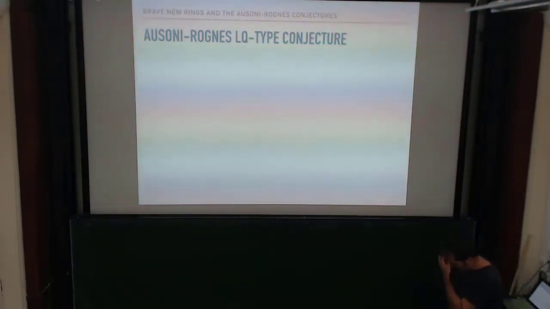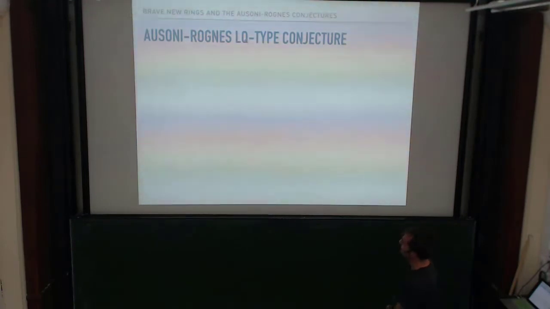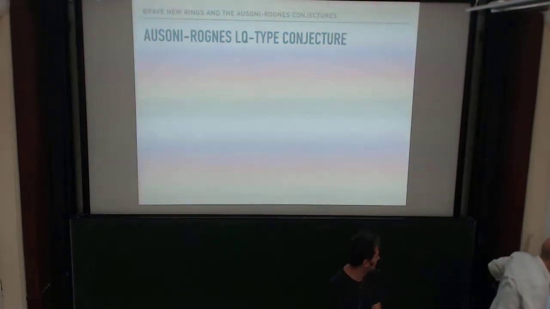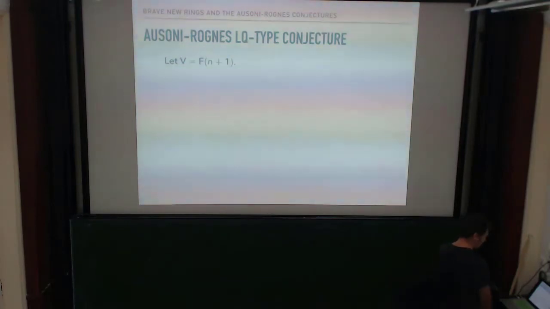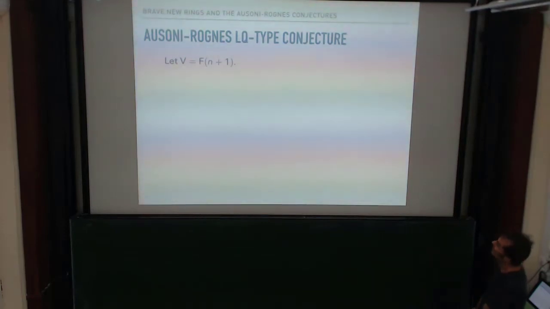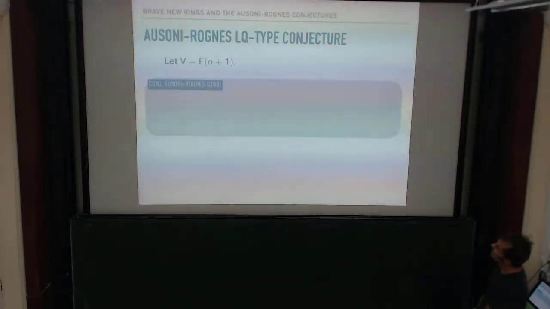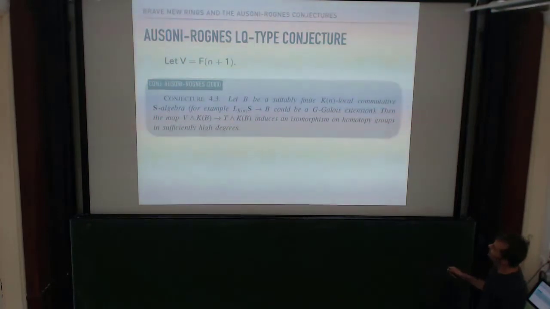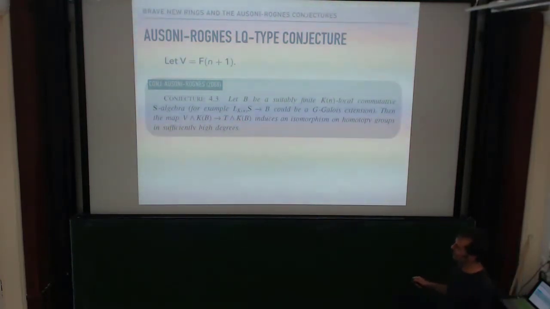They also formulated an analog of the Quillen-Lichtenbaum conjectures. To match their notation, we'll call this F_{n+1}V. And they made the following conjecture. We have a suitably finite K(n)-local commutative S-algebra. They say, for example, this could be a Galois extension of the sphere. Then the map from V⊗K(B) to this telescope induces an isomorphism on homotopy groups in sufficiently high degrees.